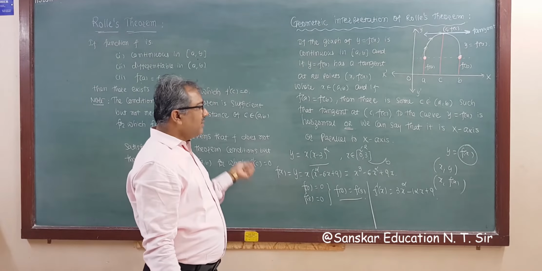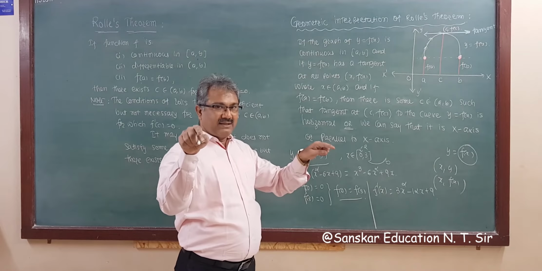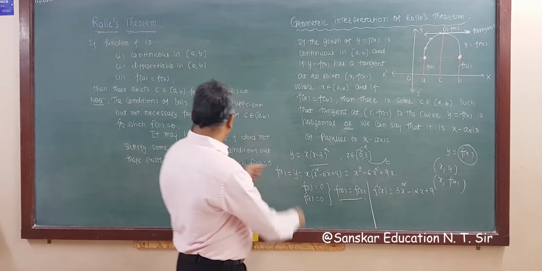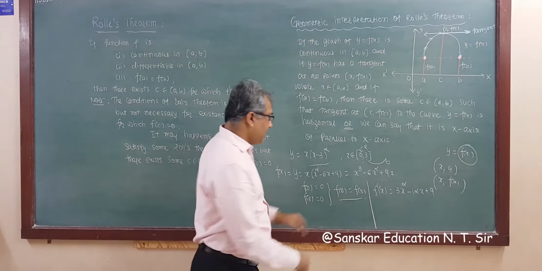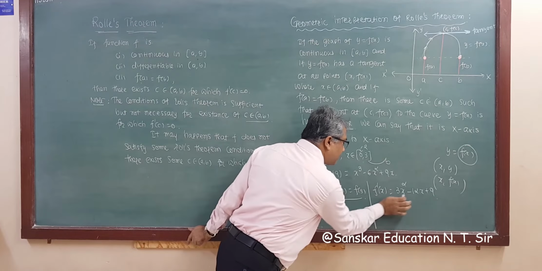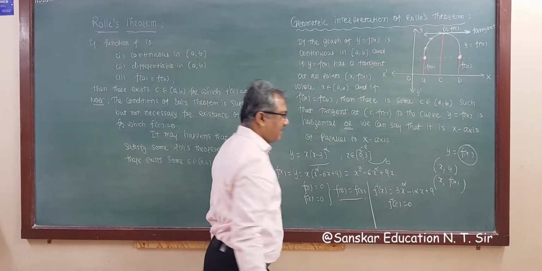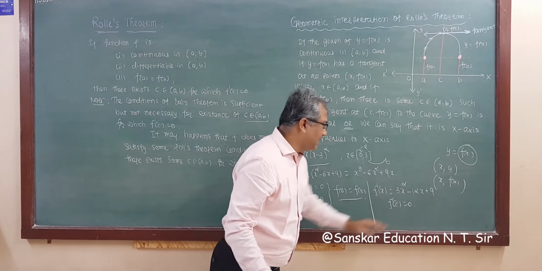Now all conditions of Rolle's theorem are satisfied. That means there is a c belonging to the open interval a, b, that is the open interval 0, 3, such that f dash c is equal to 0, that is 3x square minus 12x plus 9 equal to 0.